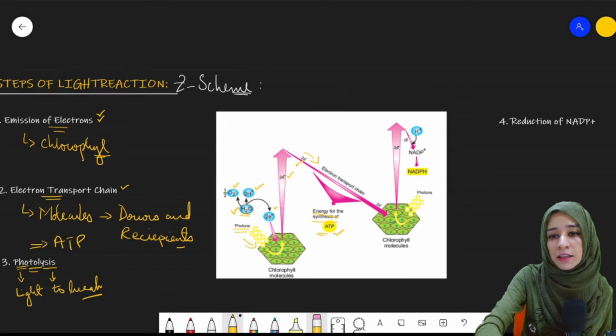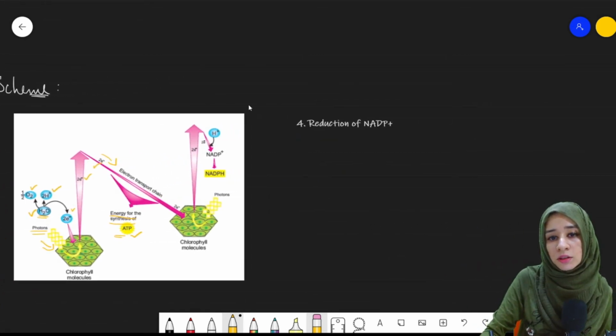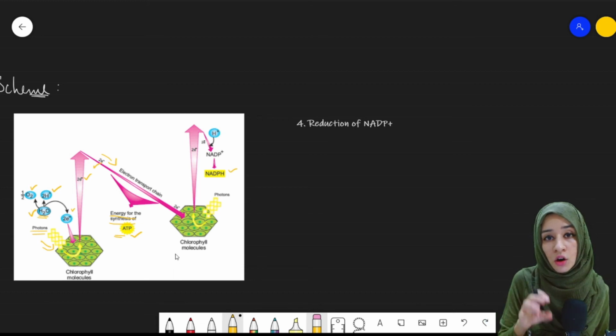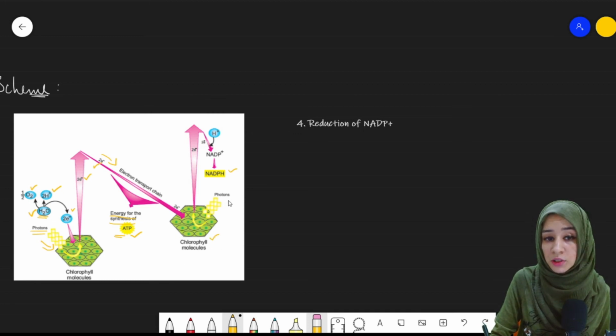The final step is the production of the next high energy molecule, that is nicotinamide adenine dinucleotide phosphate. How is this reduced? The reduction of NADP, how does it occur? The electrons that are coming from the electron transport chain towards the other chlorophyll molecule will then again get excited because of the light energy that is coming from the sun.